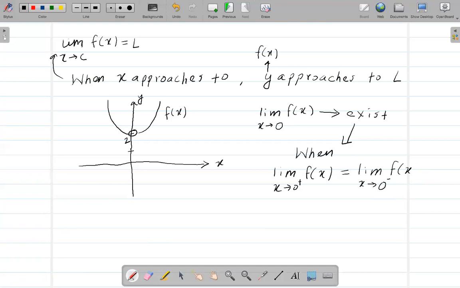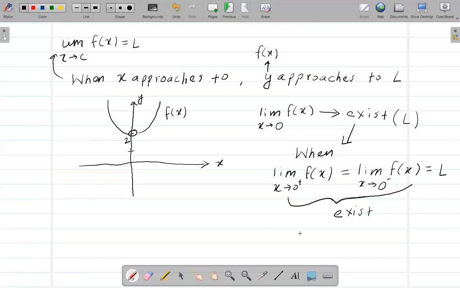Both of these are equal to some number. So basically we're saying that if both of these exist and have the same limit, then this one exists and also converges to L.